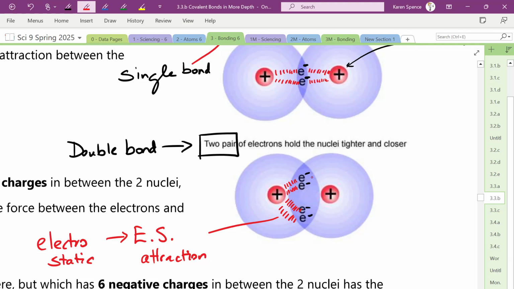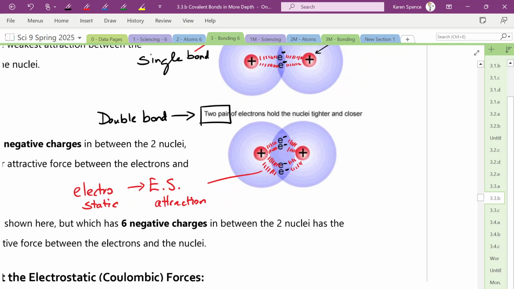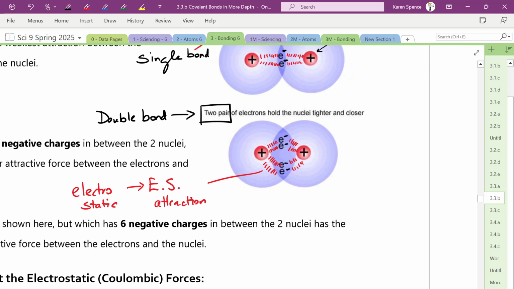Okay, and then we have obviously the same thing on the other side. So is that making sense why that is a stronger bond? And you could go as far as to say, what if I have 6? It just becomes bigger yet. I haven't shown that one here because it gets hard to draw, but it would be closer yet.